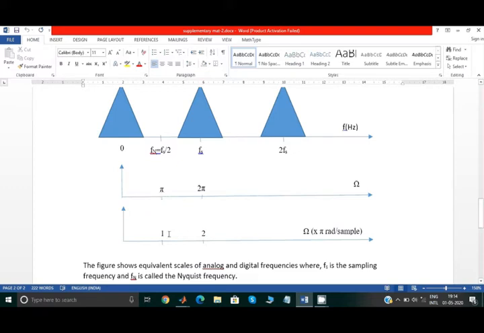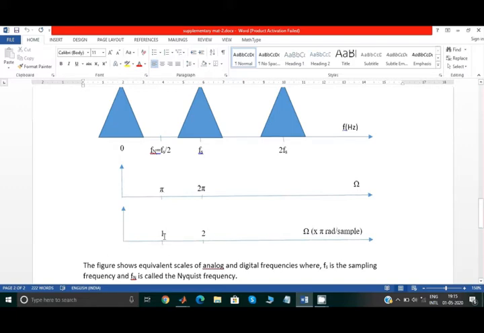Now whenever the axis is drawn like this, capital omega within brackets has to be multiplied by pi radians per sample to convert to here. That means we normalize this range 0 to pi such that the range becomes 0 to 1. This is called normalization.